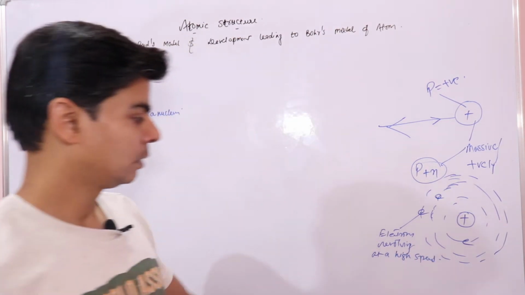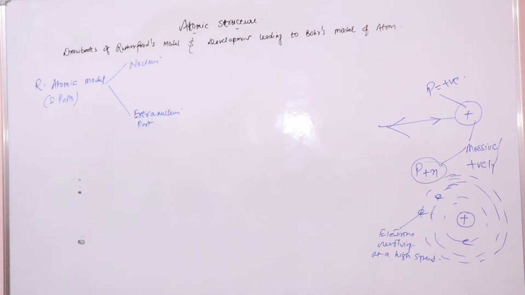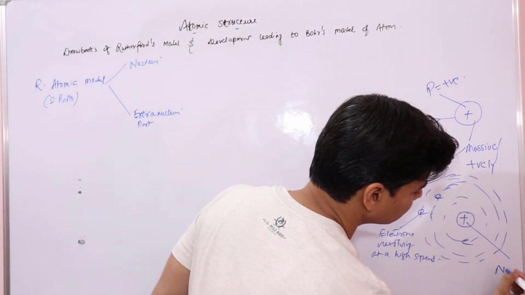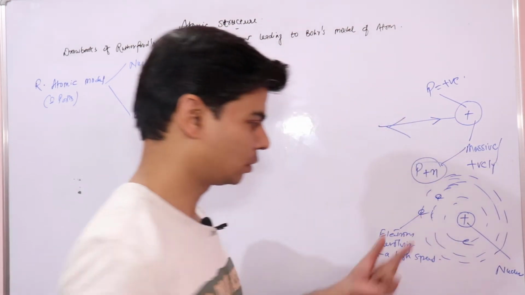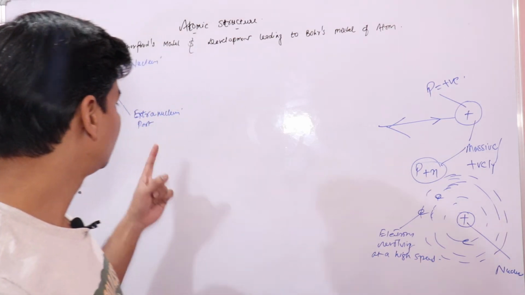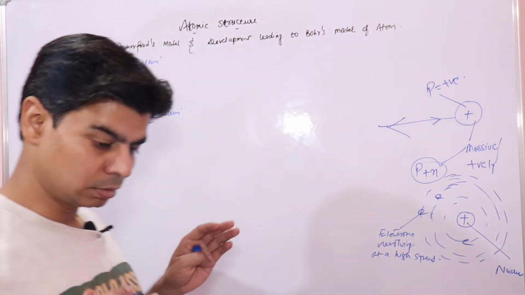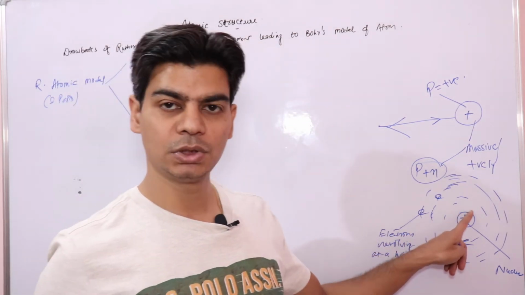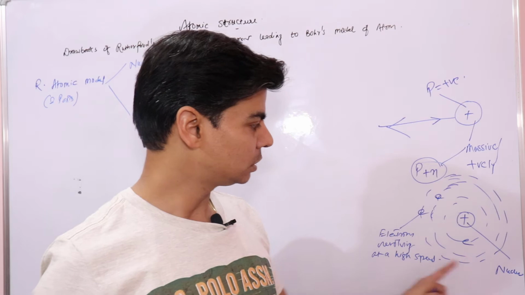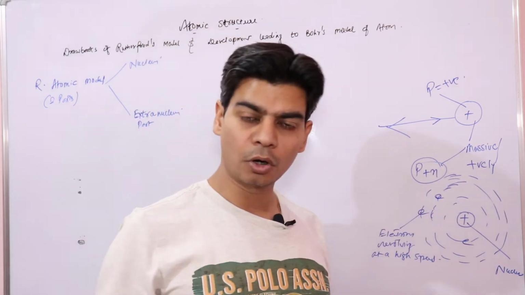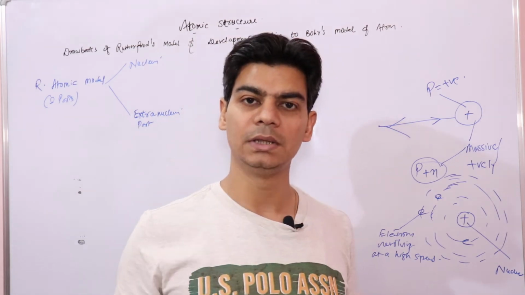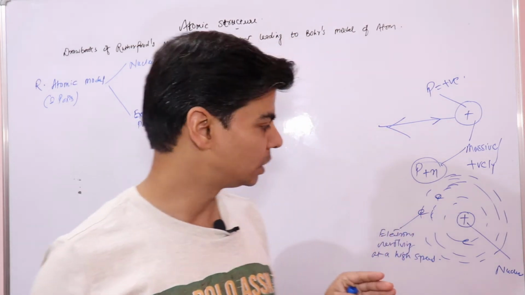So in the Rutherford model, this is the nucleus, and these are electrons. The Rutherford model was compared to the solar system. Nucleus is in the position of the sun, and electrons are in the position of planets that are revolving in their specific orbits in the solar system.